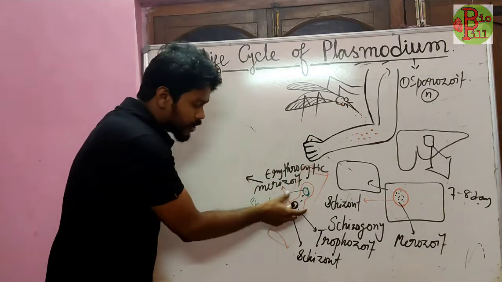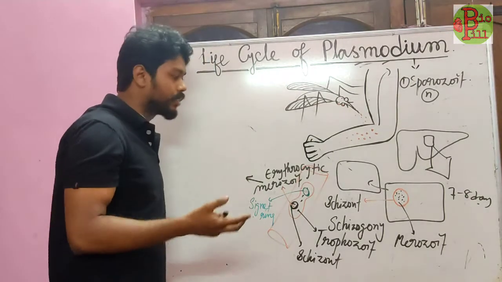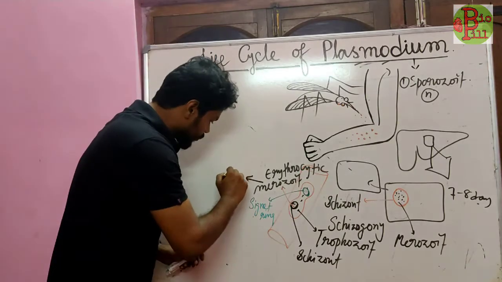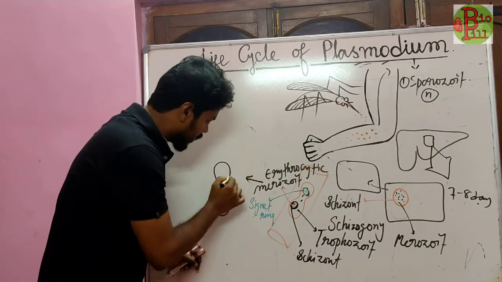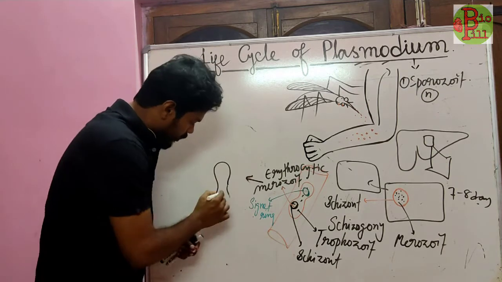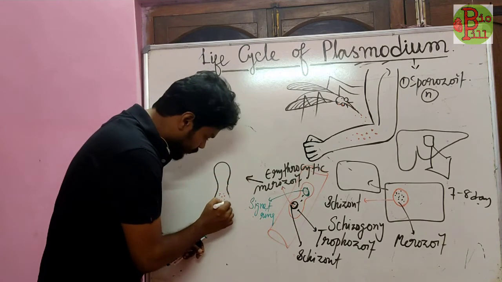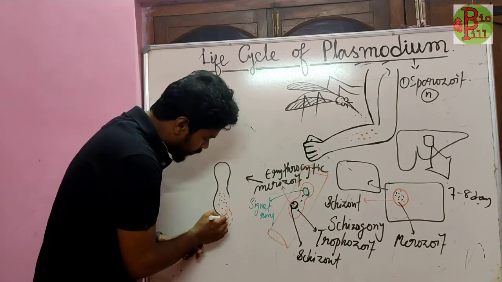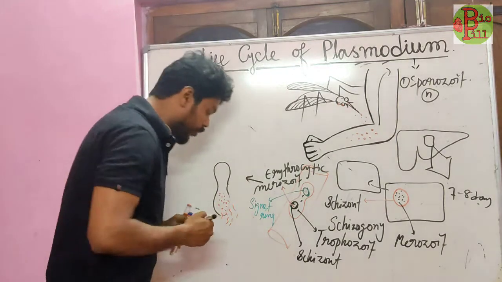And during the bursting of the RBC, they will produce a kind of chemical. We call it hemozoin. Like this is the RBC, and they are bursting the structure, and the erythrocytic merozoites will come out in the blood, and during this time they will produce hemozoin also.